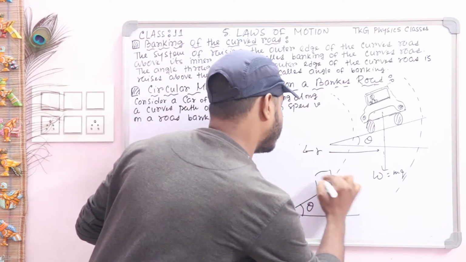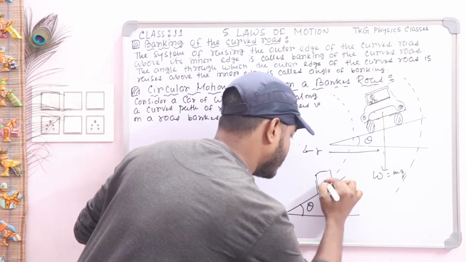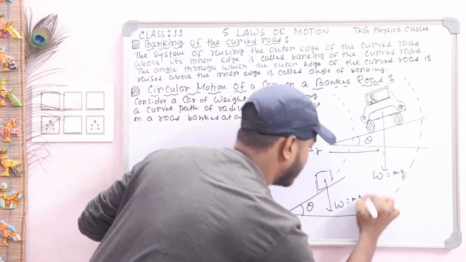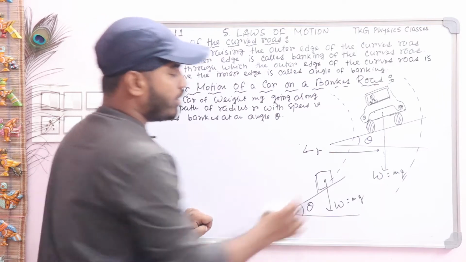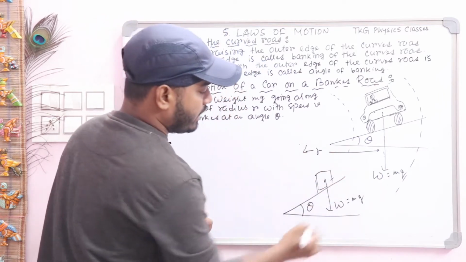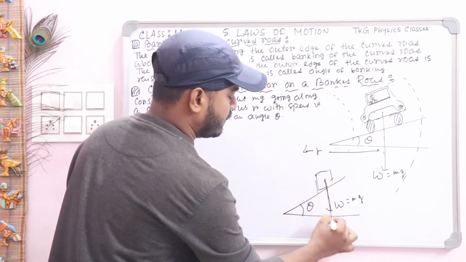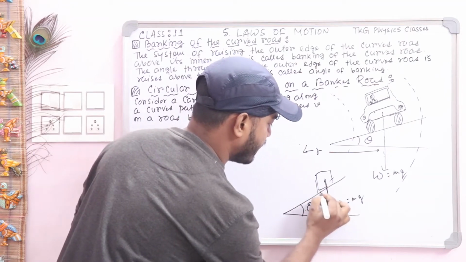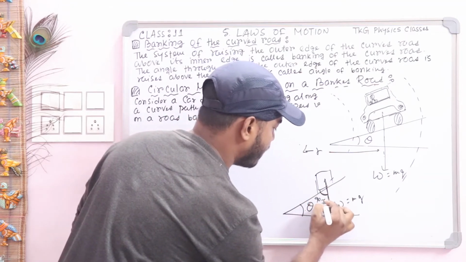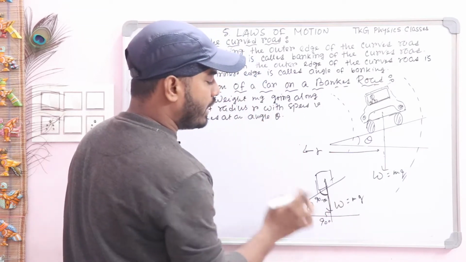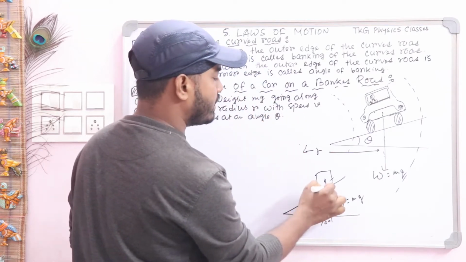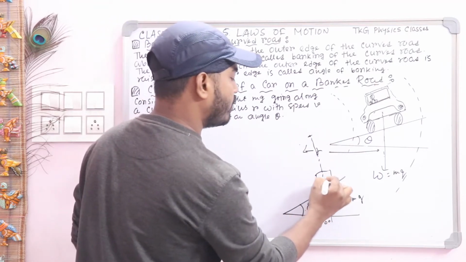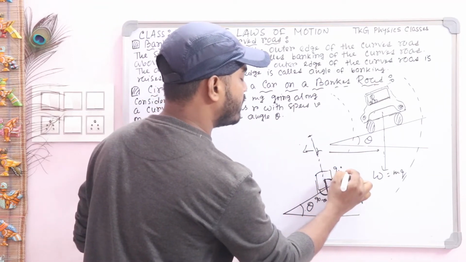This is the car, and its weight W is directed vertically downward. Now see carefully, this angle is theta, this angle is 90 degrees, so obviously this angle will be 90 minus theta, and this angle will also be 90 minus theta.